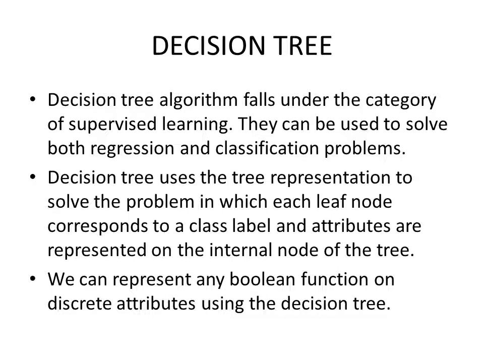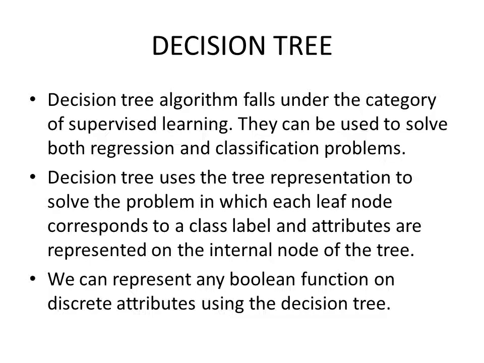Among these, the decision tree algorithm comes under the supervised learning category. These algorithms can be used to solve both regression and classification problems. So there are two types of problems that can be solved by using this algorithm: regression problems and classification problems.